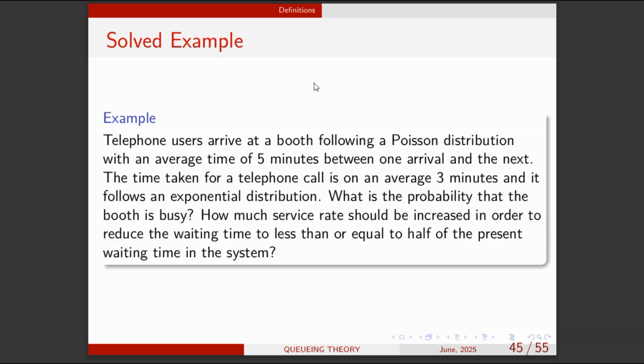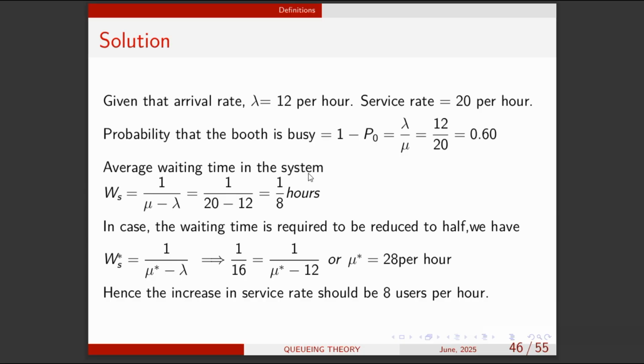And we know that inter-arrival time is 1 over lambda, meaning 1 over lambda should be equal to 5 minutes, and 5 minutes in hours is 5 over 60. So 5 over 60 gives us 1 over 12, meaning 1 over lambda equals 1 over 12, and lambda should be equal to 12, right?